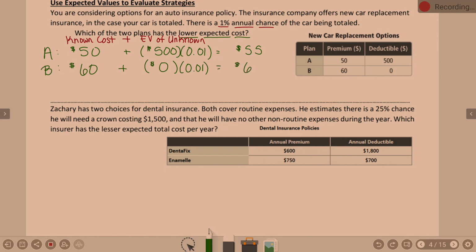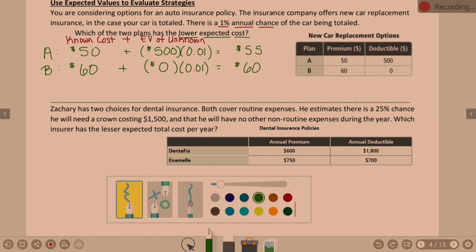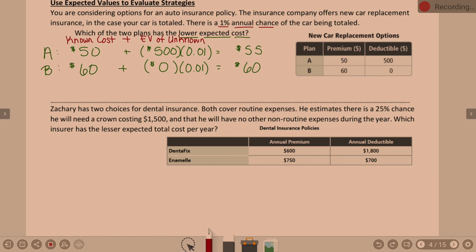That's 0. When you add it to 60, we are at 60. So, according to these numbers, which of these two plans has the lower expected cost? Plan A. Okay. Right there, Plan A.